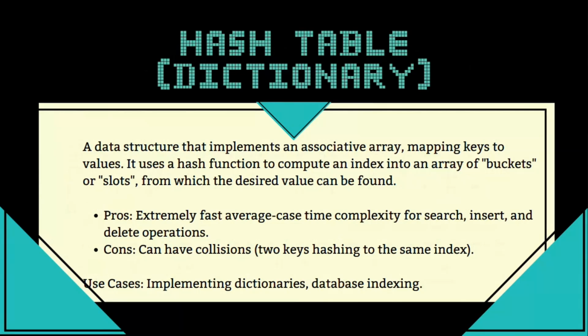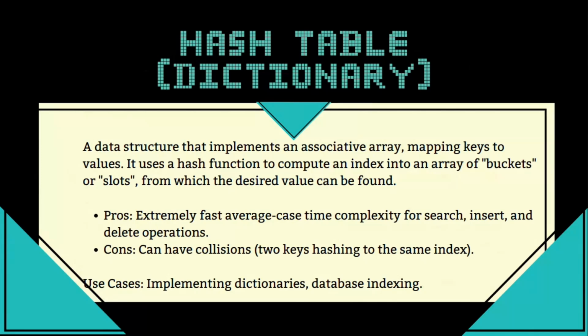Hash table. A data structure that implements an associative array mapping keys to values. It uses a hash function to compute an index into an array of buckets or slots. Pros: extremely fast average case time complexity for search, insert, and delete operations, ideally on order of 1.